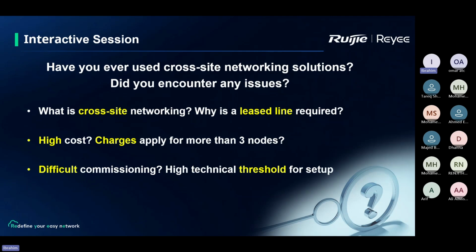Okay, but before we start, I just want to ask you a quick question. Of course, a lot of you worked on cross-site networking before, and you have a lot of scenarios, for example, to connect branches together. You want to see the IP camera from the HQ.